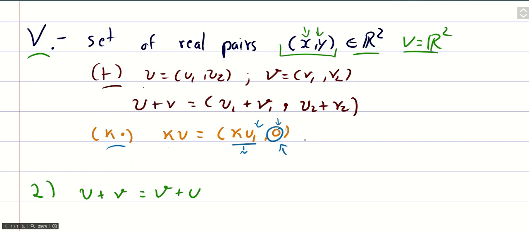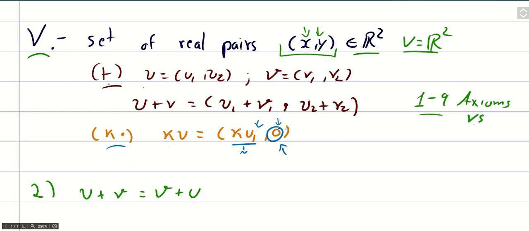So this is how the operations are defined on this vector space, and we need to show that this space V actually satisfies axioms 1 to 9 of the vector space. Just by defining how the sum and the multiplication by scalars work, we have already proved two of these axioms.